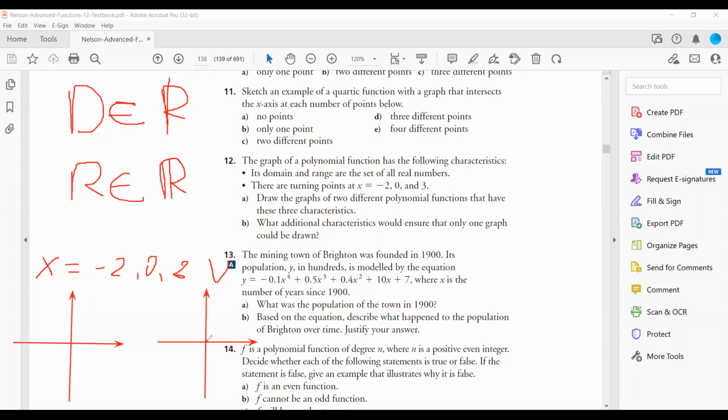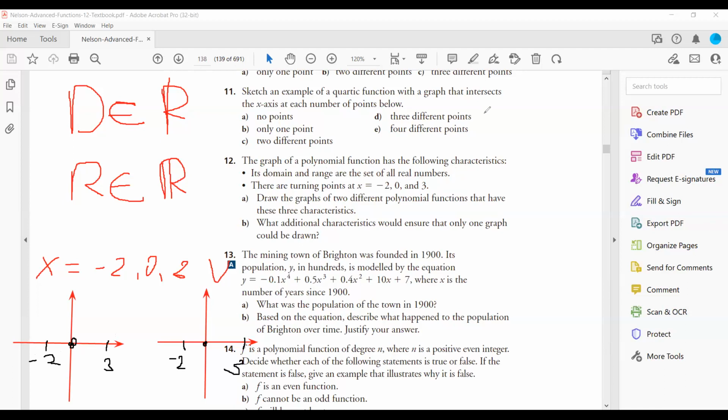So, let me use another color, let's use black. x equals 0, negative 2, and 3. And then let's return back to the question. The graph of a polynomial function has the following characteristics. Its domain and range are the set of all real numbers.